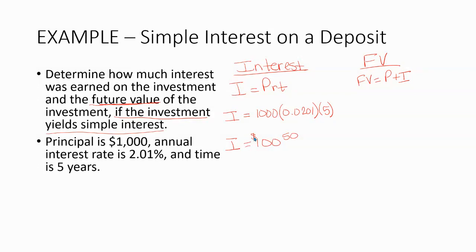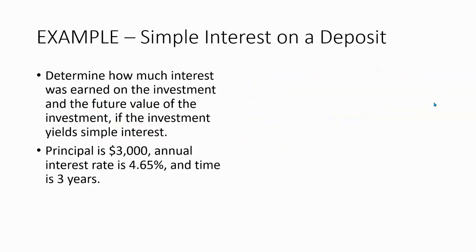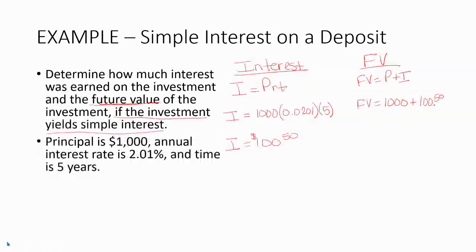Now to calculate my future value, what I need to do is take my principal, which is $1,000, add my interest, which is $100.50, and we have a future value of $1,100.50.